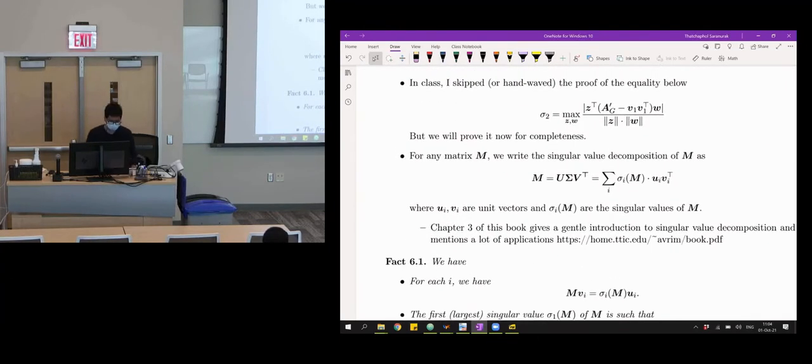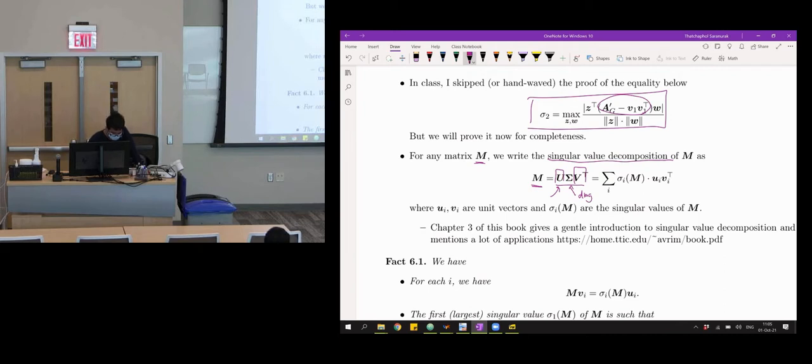So basically, to prove this thing, I just need to remind you about the singular value decomposition. Instead of looking at this matrix, let's take any matrix M. For any matrix M, you can decompose it into this, where this is a diagonal matrix and each of these consists of unit vectors on each row or column.